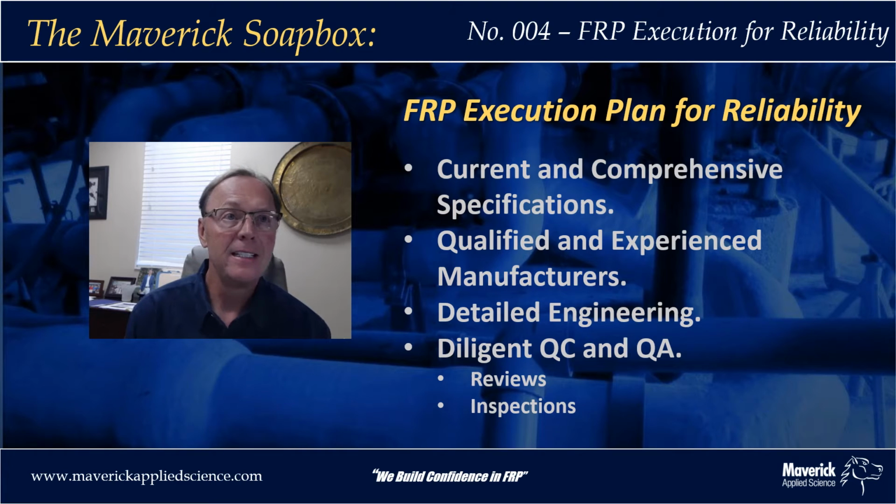And finally, detailed engineering. Detailed engineering needs to be thorough. It needs to be done by qualified engineers. In the case of a piping project, it's quite likely that pipe stress analysis is merited. And then finally, diligence in QC and QA. This is in engineering. This is diligence and inspection in the shop during fabrication as well as during installation.